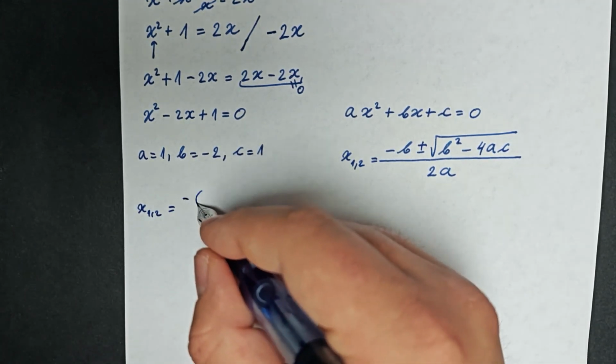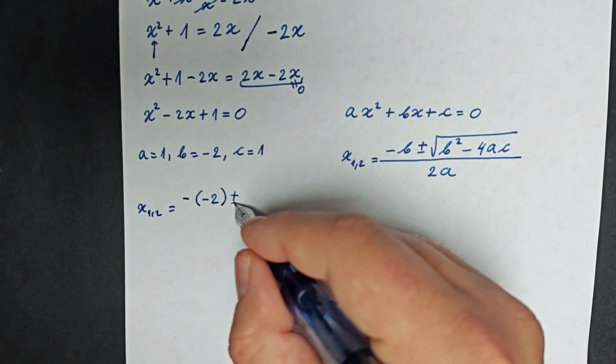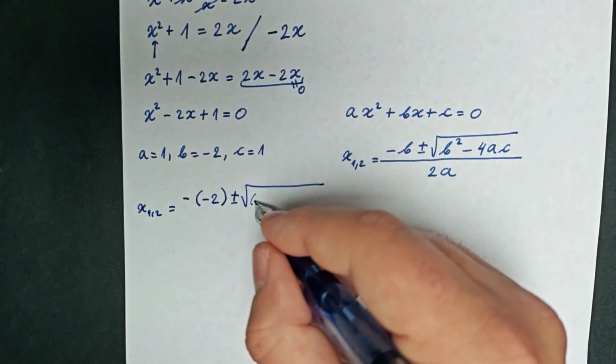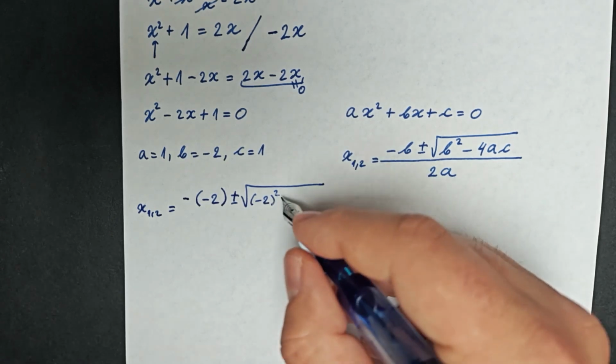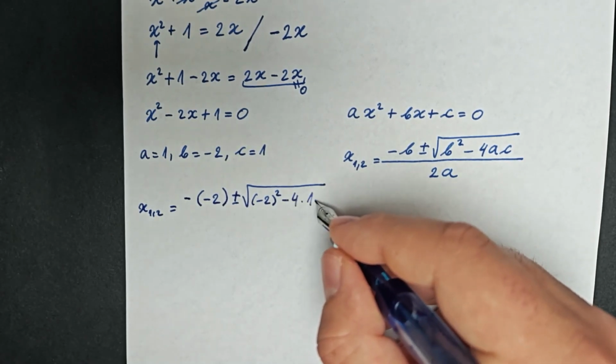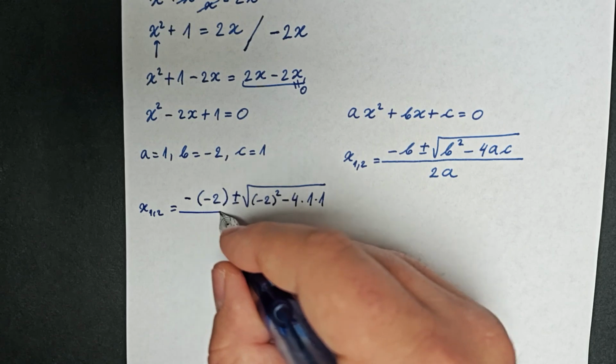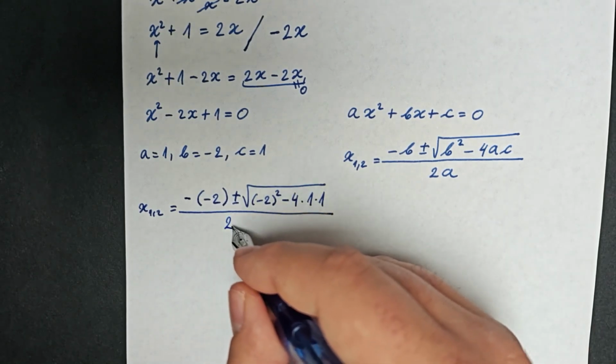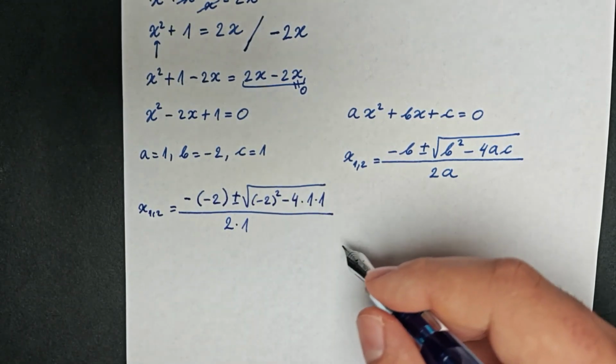equal to minus negative 2 plus or minus the square root of negative 2 squared minus 4 multiplied by 1 multiplied by 1, and everything gets divided by 2 multiplied by 1.